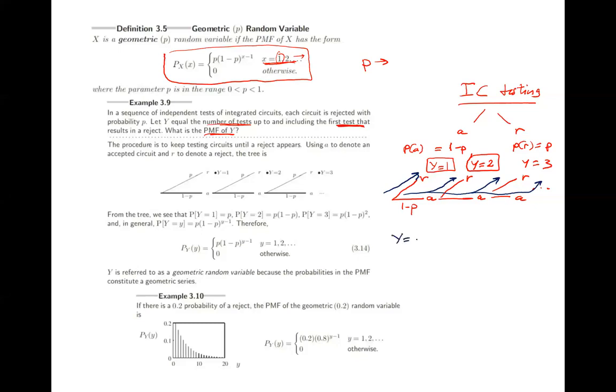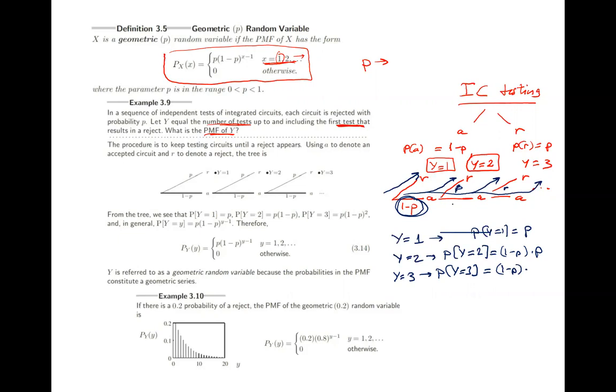For Y equals 1, the probability of Y equals 1 is P. The probability of Y equals 2 is 1 minus P times P. Next, the probability that Y equals 3 is 1 minus P times 1 minus P times P. So it goes like this.